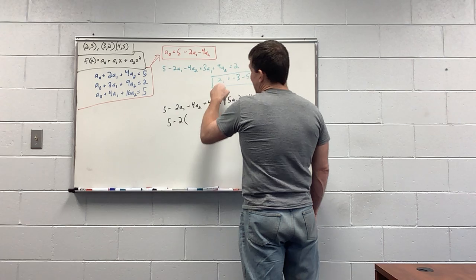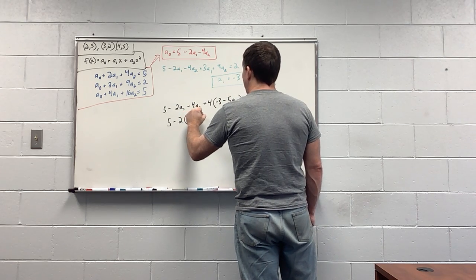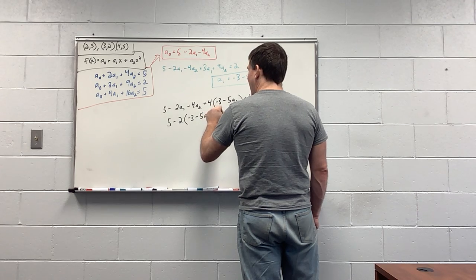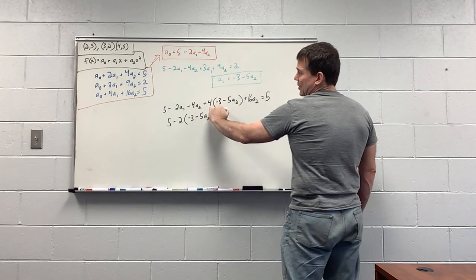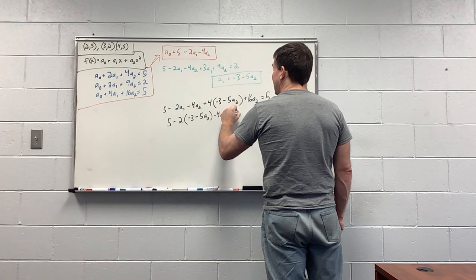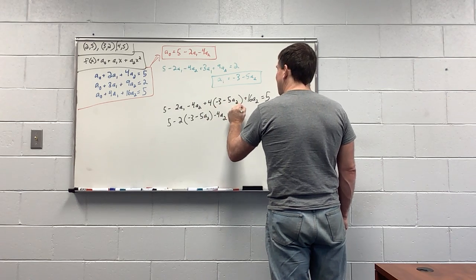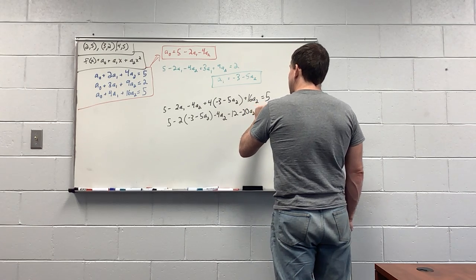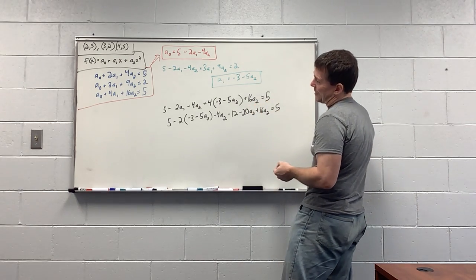5 minus 2, negative 3 minus 5a sub 2 minus 4a sub 2. Distribute, 4 times negative 3 is negative 12, 4 times negative 5 is negative 20a sub 2, plus 16a sub 2 equals 5.